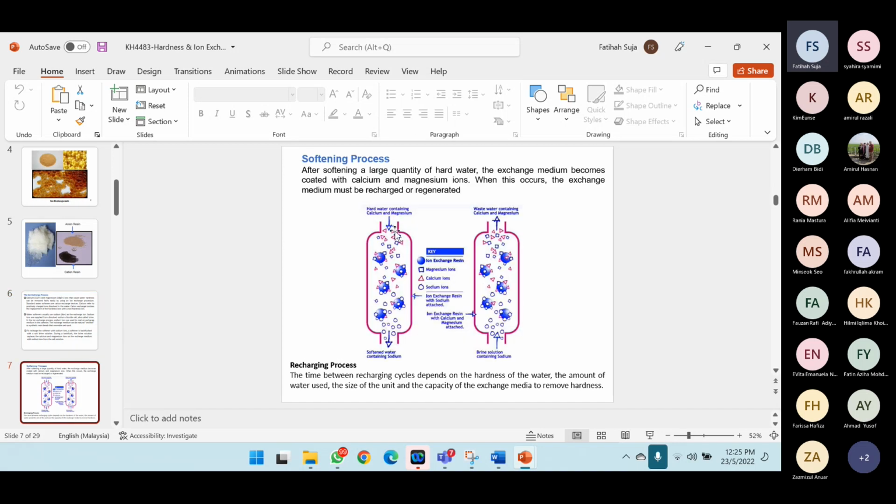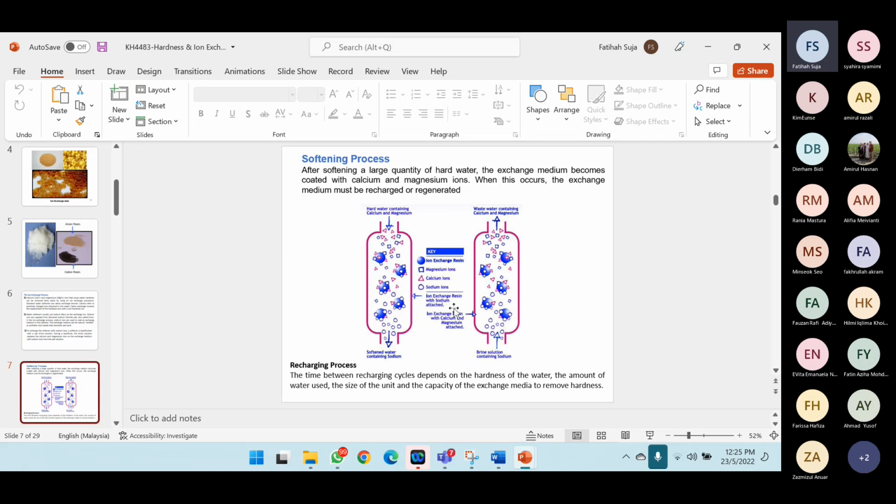Okay, so you see here, this is the softening process. You input the hard water containing calcium and magnesium. These are the resins. You can see the rectangular patterns are magnesium ions, and the red ones are calcium ions, and these here are the sodium ions.